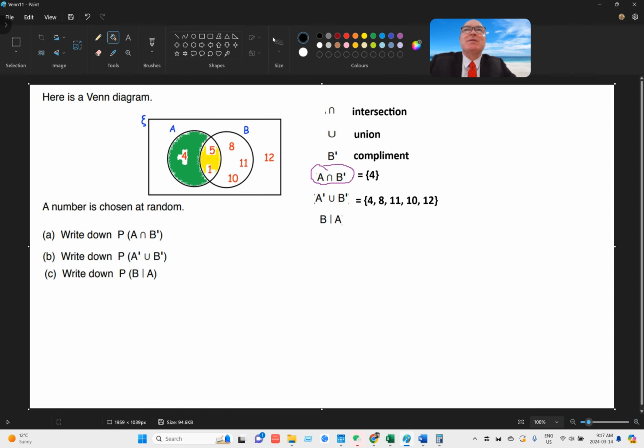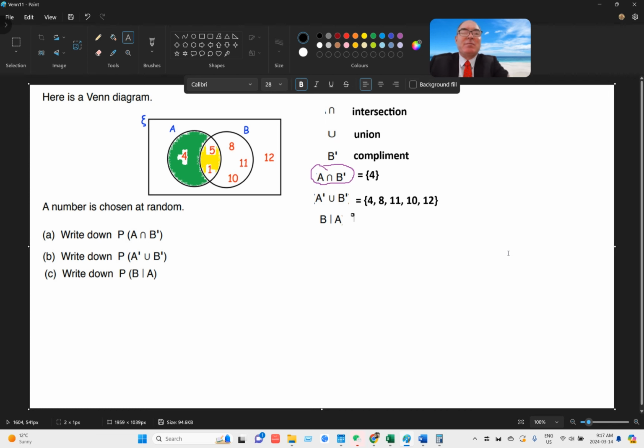So that actually wasn't so difficult. We just had to know what that meant. So this is going to be equal to the set with the 5 and the 1. So this is good, we've got our sets defined.